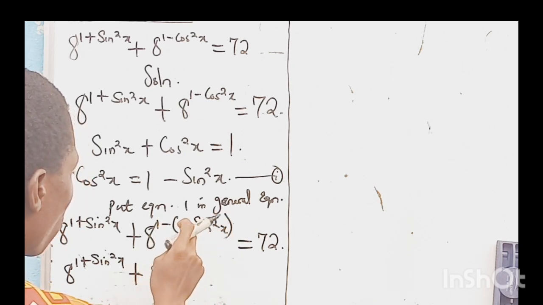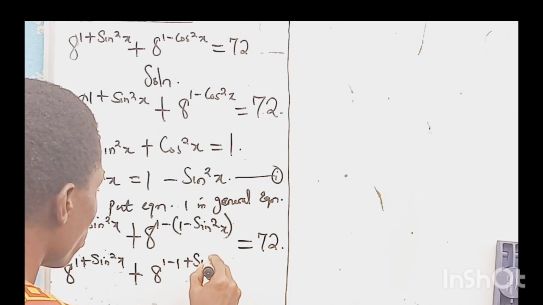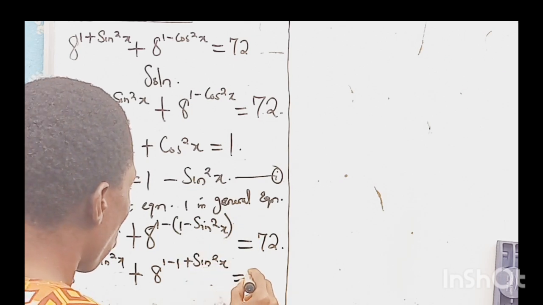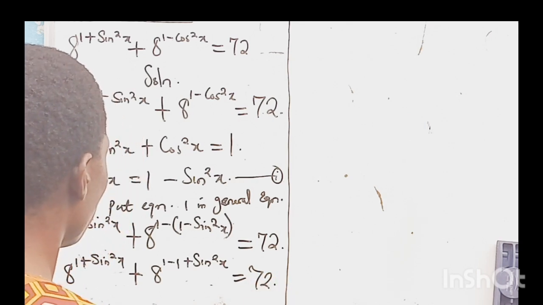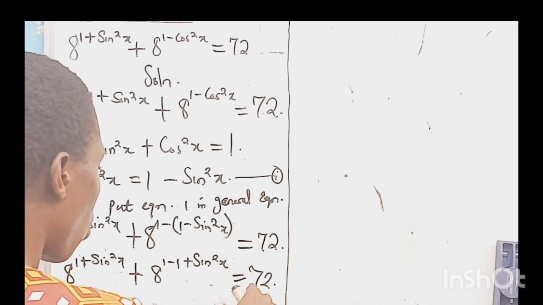And when the minus sign multiplies minus sine square x, it becomes plus sine square x equals 72. So we now have 8 raised to the power of 1 plus sine square x plus 8 raised to the power of 1 minus 1 plus sine square x equals 72.